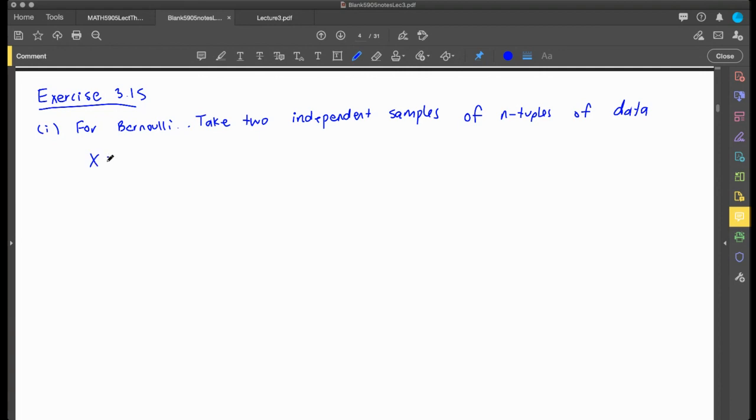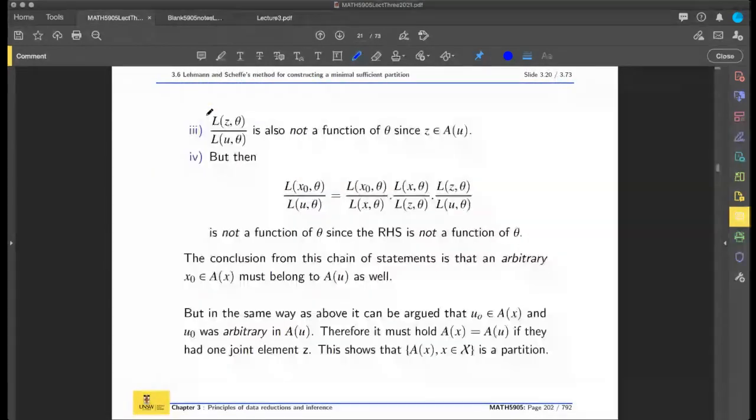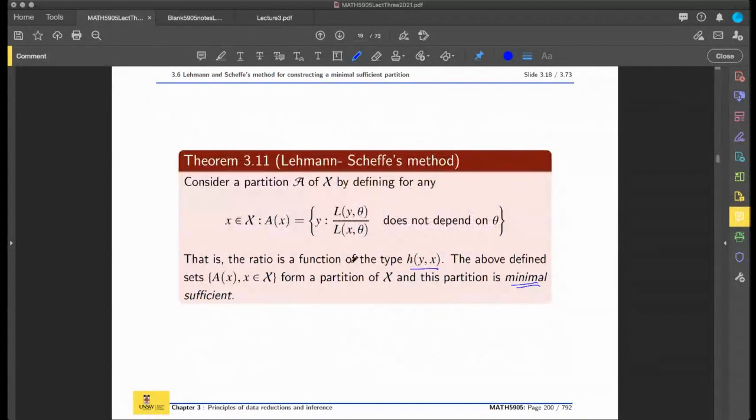Okay, let's call them x, which is just x1 to xn. And my second sample, which is independent of the first, we'll call that y, which is y1 to yn. Then, looking back at the definition, we want to look at this ratio. And we want to find when this ratio does not depend on theta.